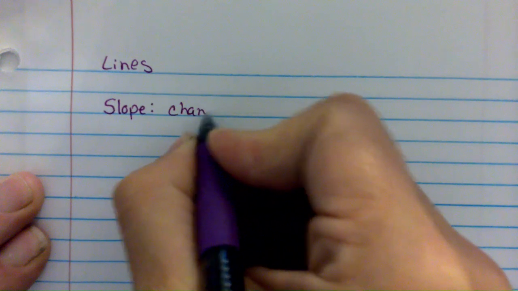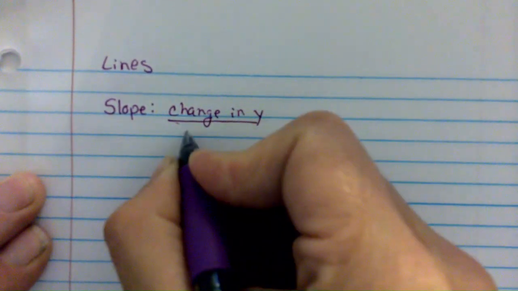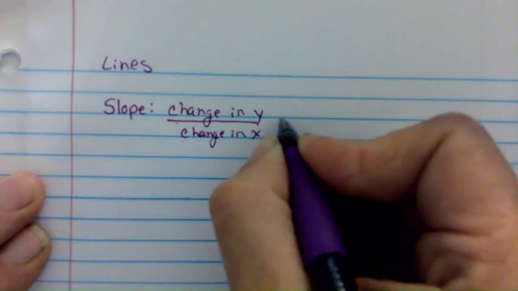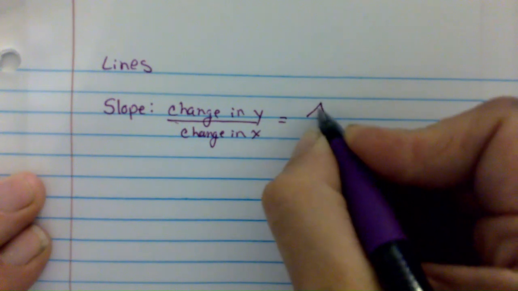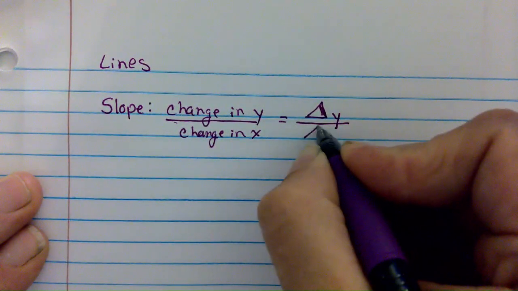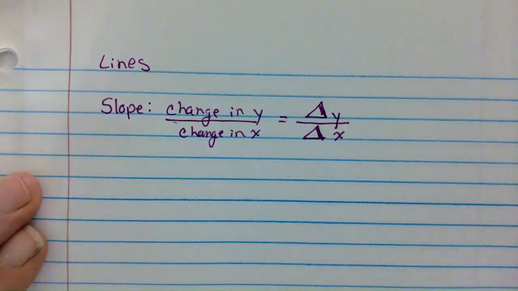Many of you have heard about change in x and change in y, right? So the change in y compared to the change in x. Or another way of saying that is delta y compared to delta x. And we see that some more in other books, for example, science books.